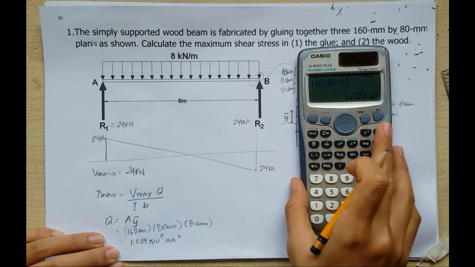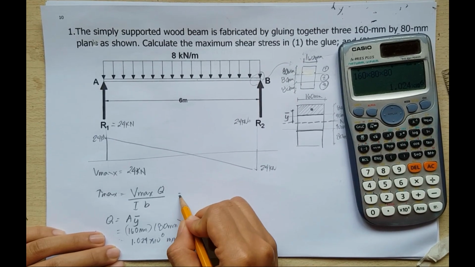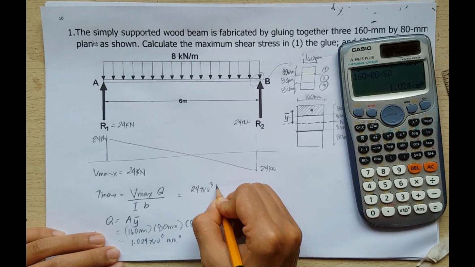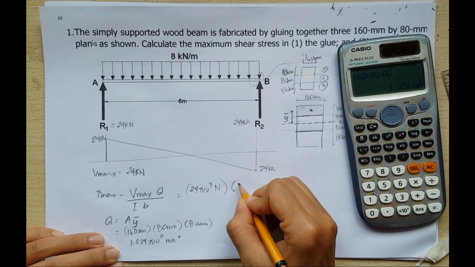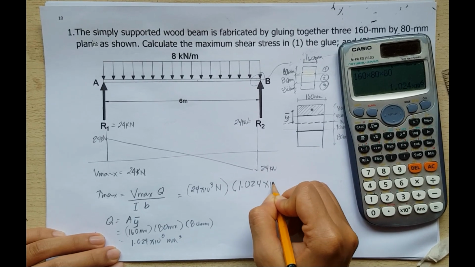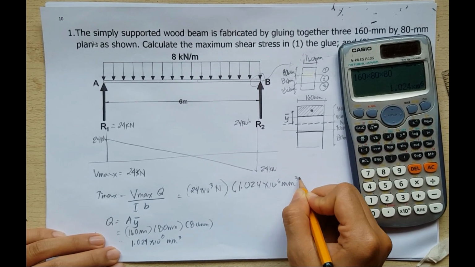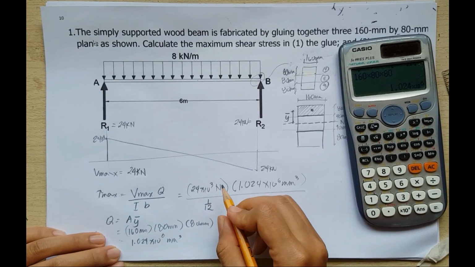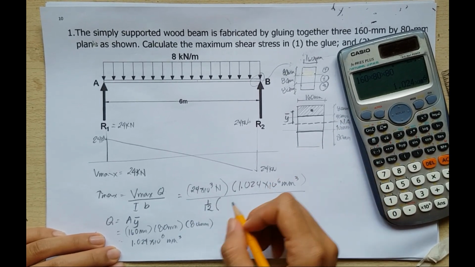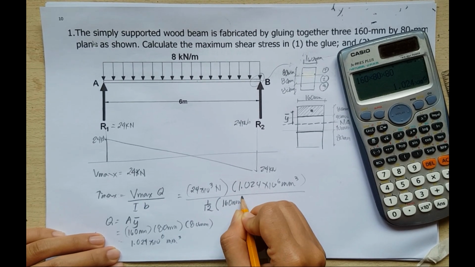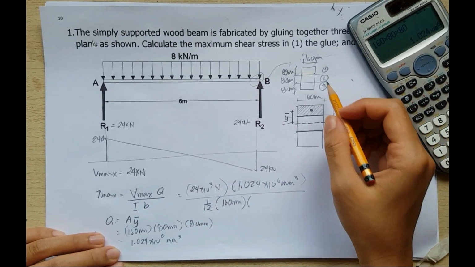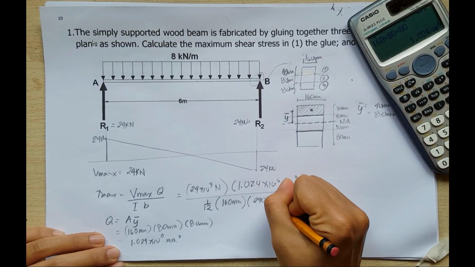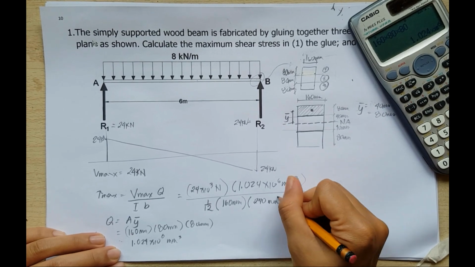And our Vmax is equal to 24 kilonewton, so 24 times 10 raised to 3 newton multiplied with Q, which is 1.024 times 10 raised to 6 cubic millimeter, all over I. Our I is 1 over 12 of B H cubed, where B is 160 millimeters and H is the overall depth, 80 times 3, so 240.